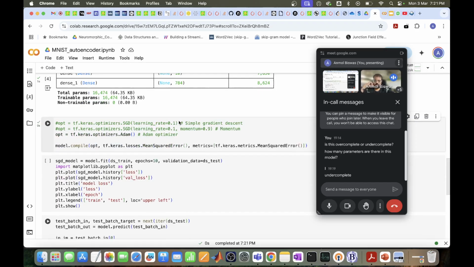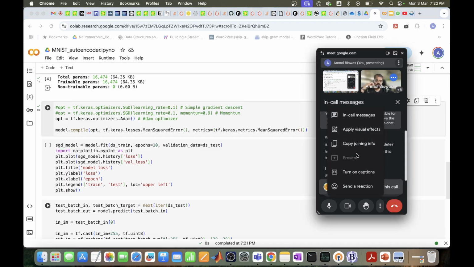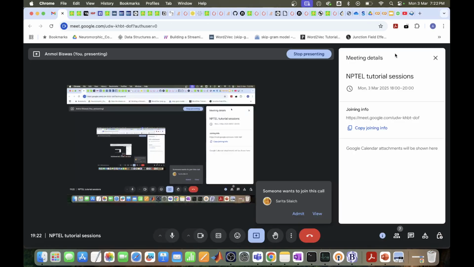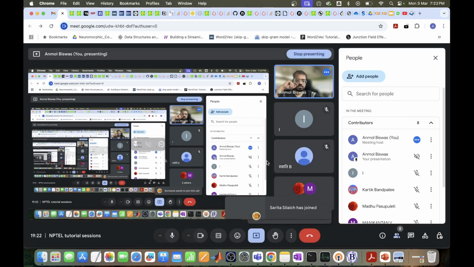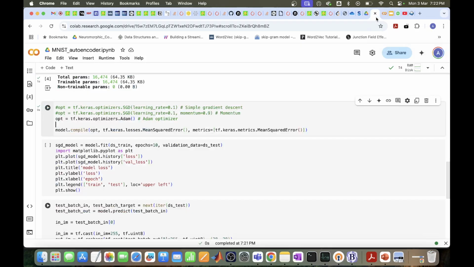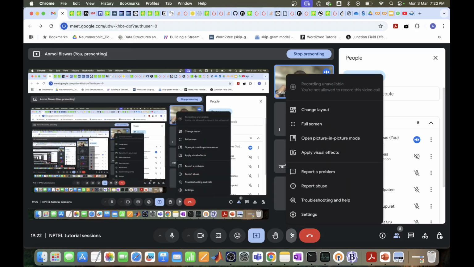So we set up our optimizer, and here is where we do things a little bit differently again, right? Because this is an autoencoder, we want mean squared loss over here.